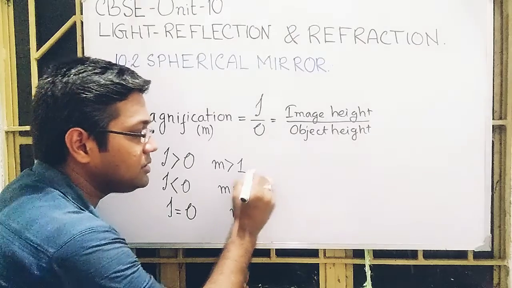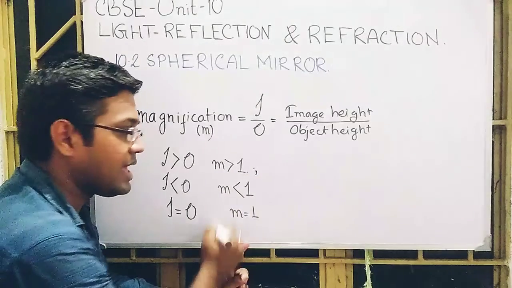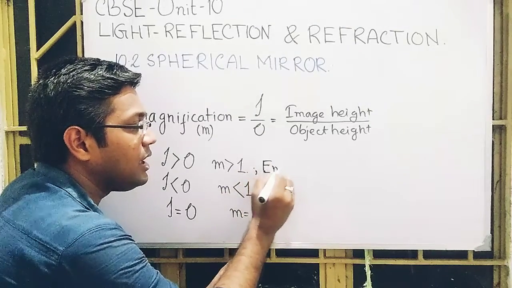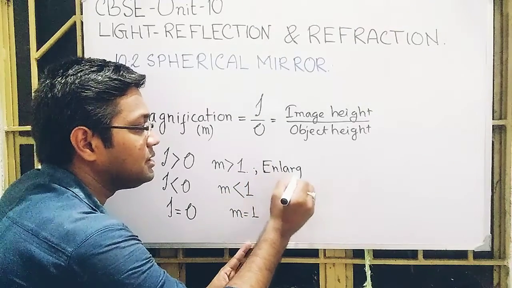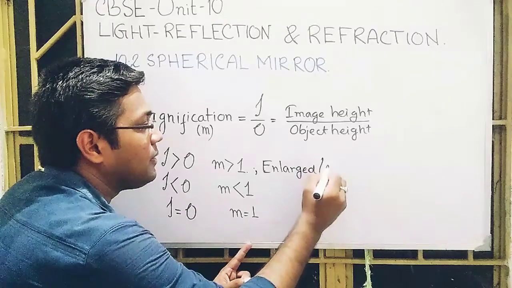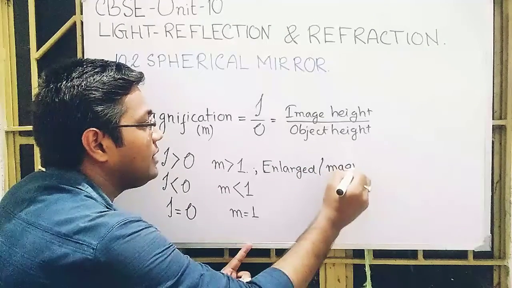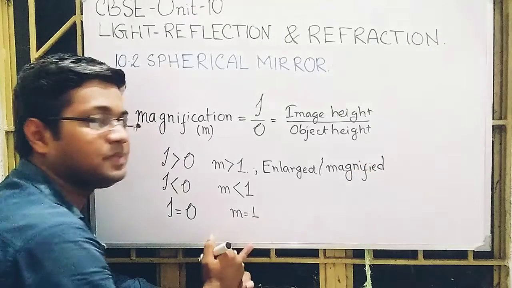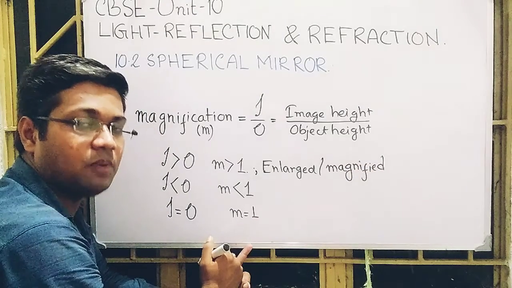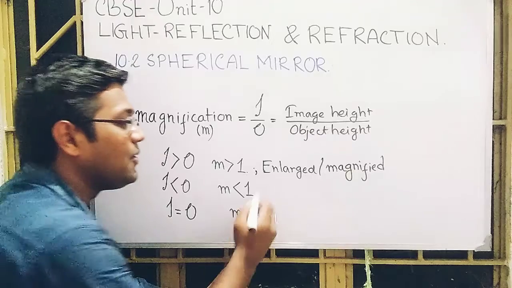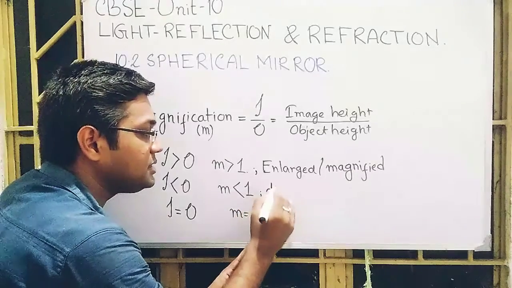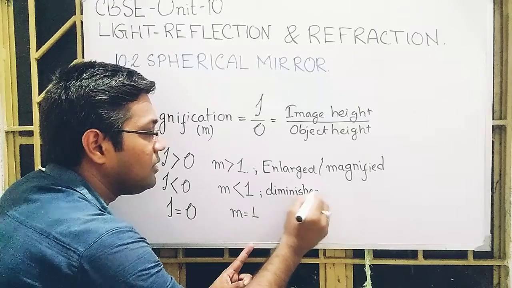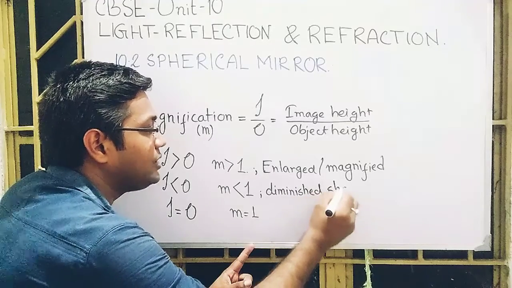But the terminology that is used here is: if m is greater than 1, then we get an enlarged image, or magnified image. If m is less than 1, then we get a diminished image, or we can say a shorter image.